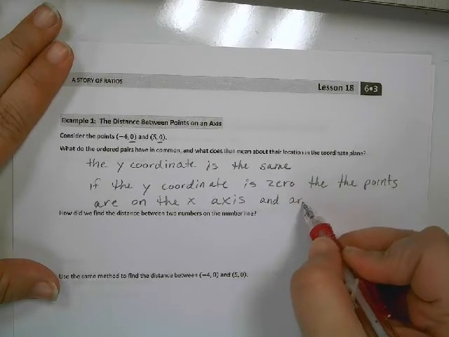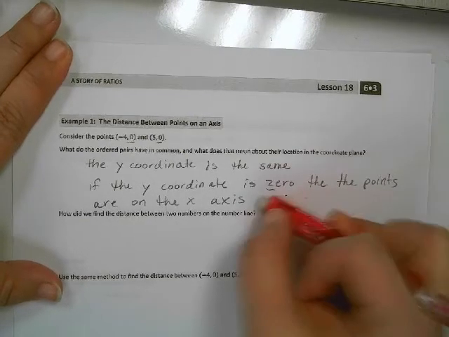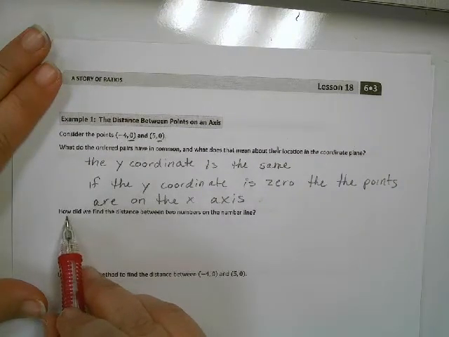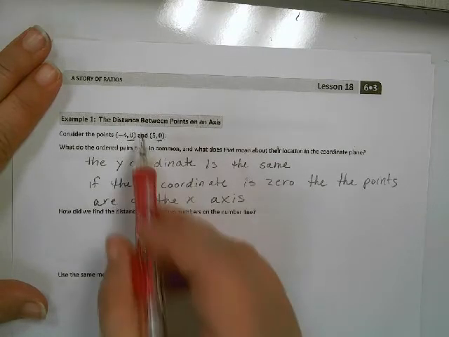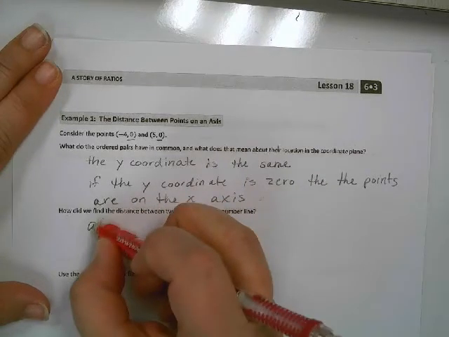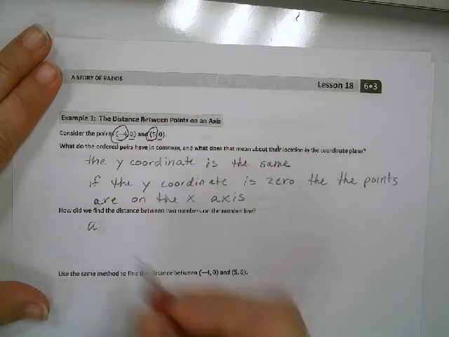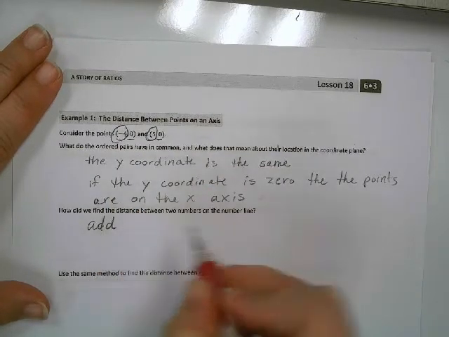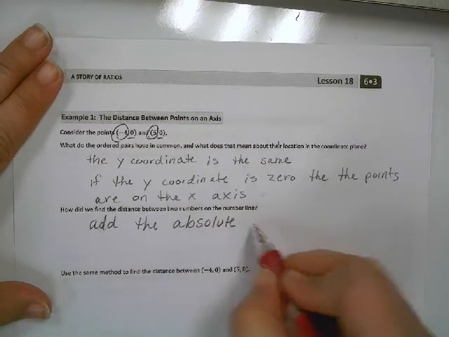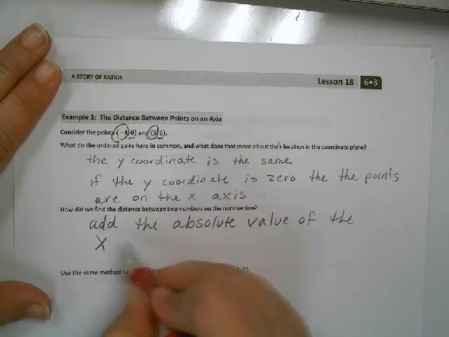How did we find the distance between the two numbers on the number line? We can see that these two numbers have opposite signs, so we're going to add the absolute value of the x coordinates.